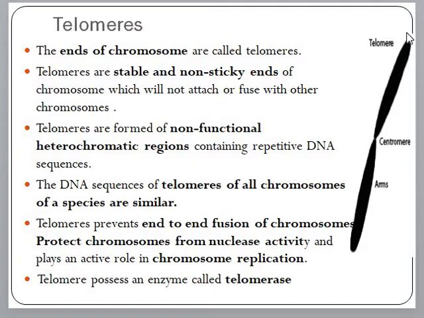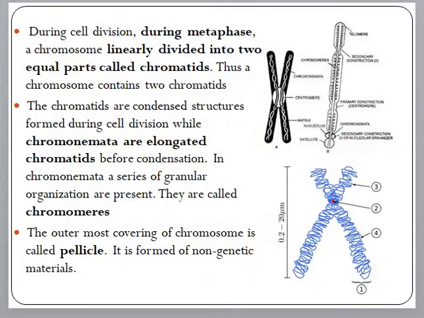Telomeres prevent end-to-end fusion of chromosomes, and they protect chromosomes from nuclease activity. During chromosome replication, telomeres have a significant role. Telomeres possess an enzyme called telomerase. The enzyme telomerase is concerned with aging of an organism.